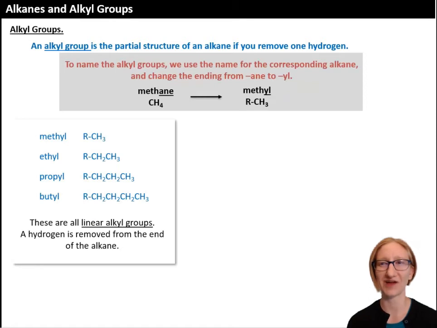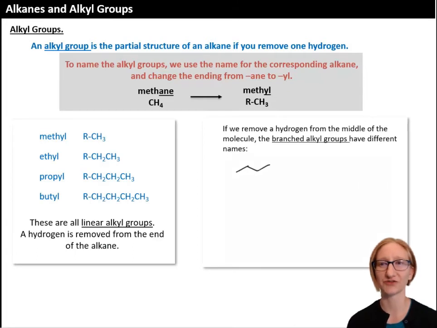Our common linear alkyl fragments are shown here, a methyl, ethyl, propyl, and butyl. And again, these are linear alkyl fragments. They're what we get if we remove a hydrogen from the end, or the terminus of an alkane. If instead we remove a hydrogen from the middle of an alkane, then we create a branched alkyl group.